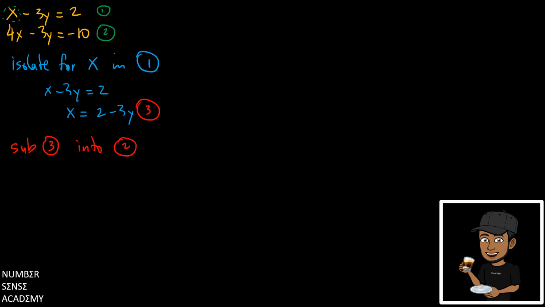So when I sub 3 into 2, what I have is 4 times (2 minus 3y) minus 3y equals negative 10. Okay, so what I'm saying is that if x is a basketball, 2 minus 3y is that exact same basketball.